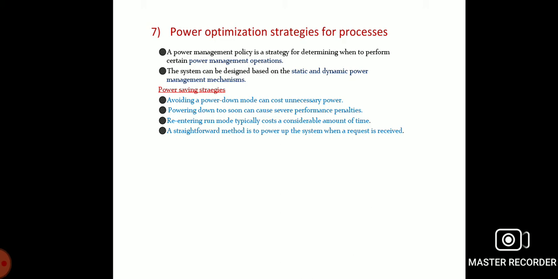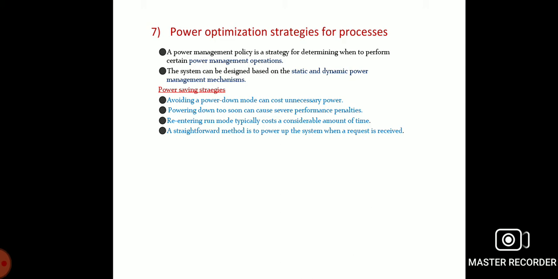Here in the introduction, a power management policy is a strategy for determining when to perform certain power management operations. The system can be designed based on a static or dynamic power management mechanism. It plays a major role, so we can see how to save power.